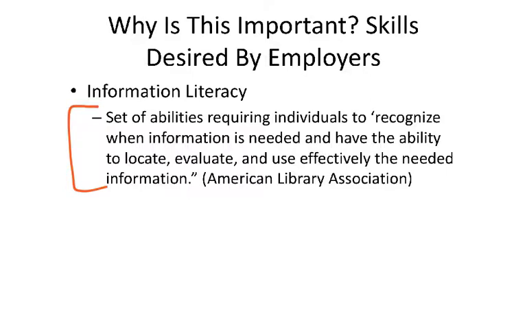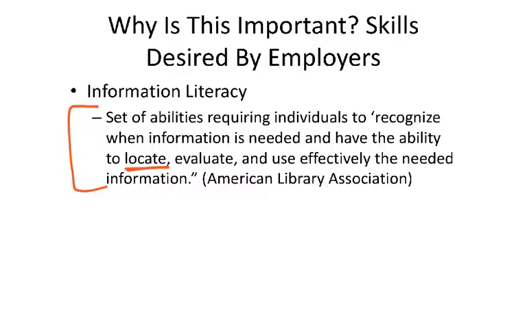Oftentimes in many scientific and biology related careers, a lot of that information you're going to need for various things is located within scientific papers. So it's really important that you have a general grasp and understanding of what the different components of the papers are, and then also to be able to find the information.